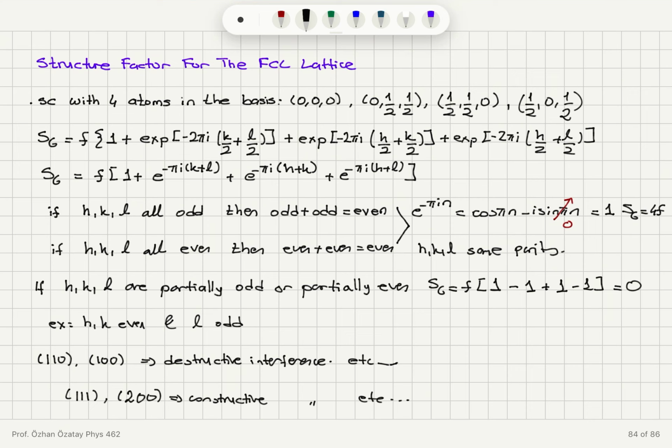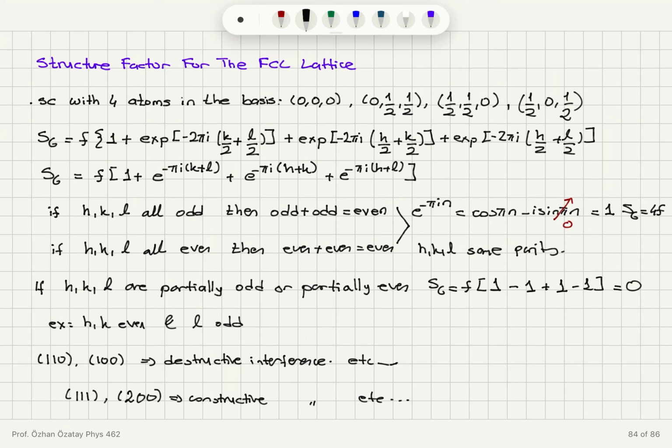So if I look at this situation, the geometrical structure factor will be f times 1 plus e to the minus i pi (k plus l), so that will be even plus odd, which will be odd, so that will give me cosine of an odd number times pi, so for example cosine pi, that will give me a minus 1. And for e to the minus i pi (h plus k), that will give me a plus 1 because I have assumed h and k are even, the sum is even. h plus l will be odd, so that will give me a minus 1. So the total answer will be 0.